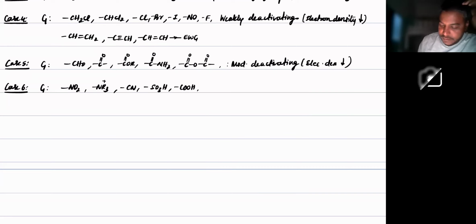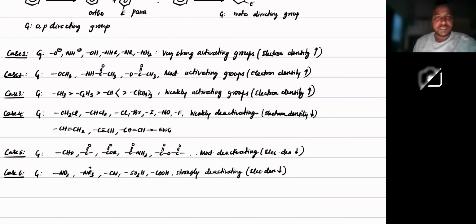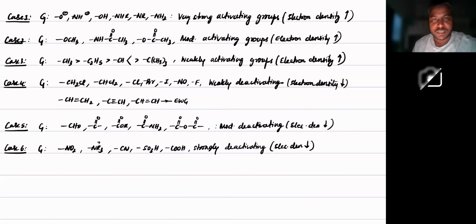These are strongly deactivating groups. So you can see electron density decreases in this case. So these are the cases we need to check out: in which case it is increasing or in which case it is decreasing. Clear?